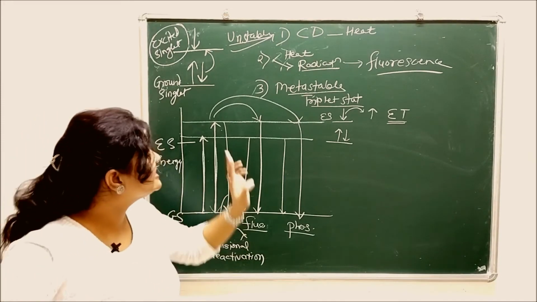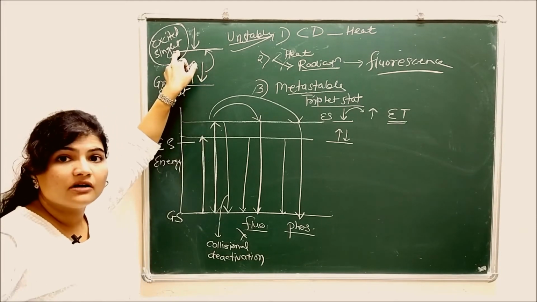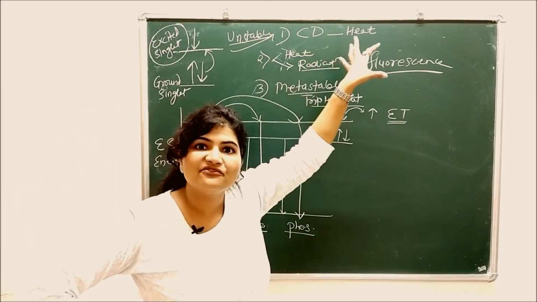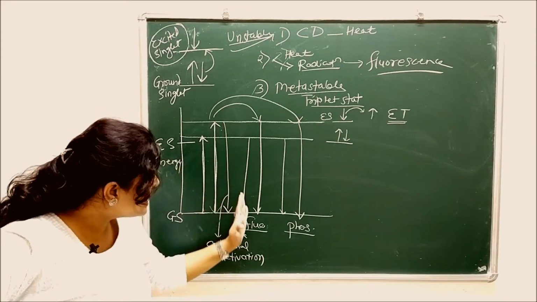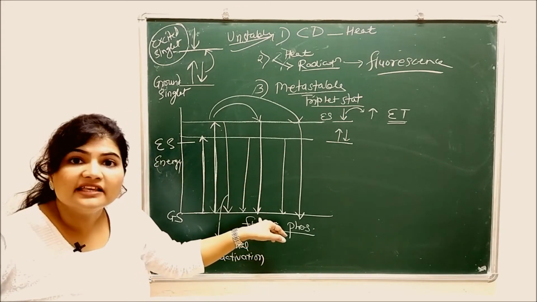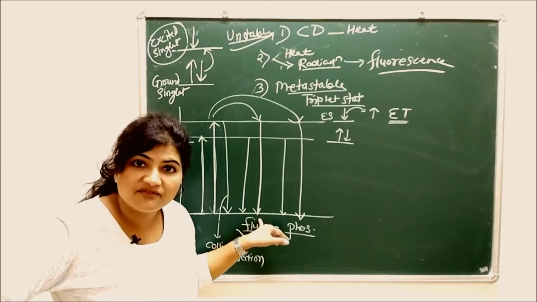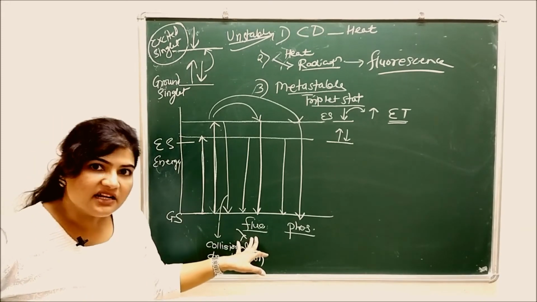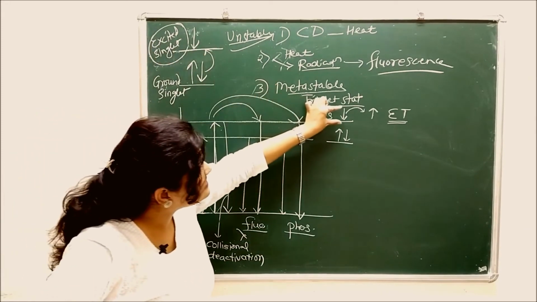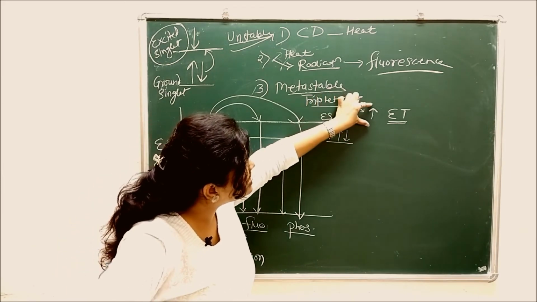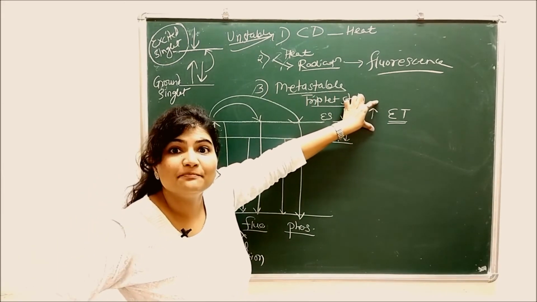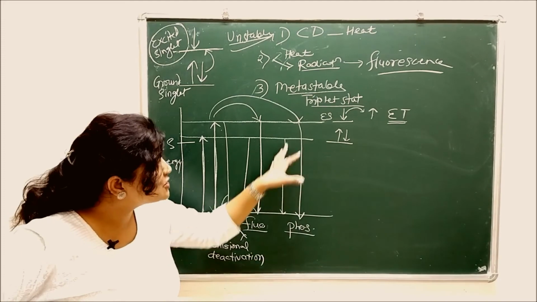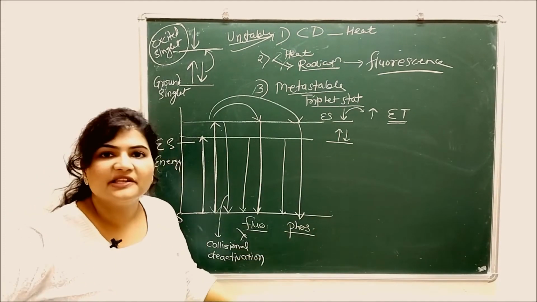In the second probability, the excited singlet electrons will lose the energy partly in the form of heat and majorly in the form of radiation, and then come back to the ground singlet state. Here the radiation emitted will be of higher wavelength than the original radiation. This is called fluorescence. In certain cases the excited singlet electron gets transferred to a metastable excited triplet state, and from that state it will come back to the original state. In this process it will emit radiation and it is referred to as phosphorescence.